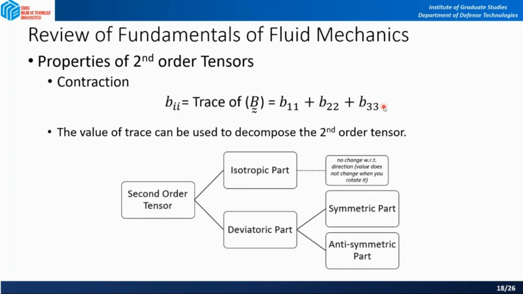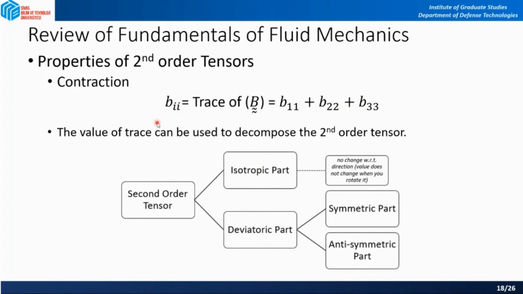So this is actually your contraction or the trace of tensor B. So why is it important to us? Because the value of trace, the value of contraction, can be used to decompose second order tensors.